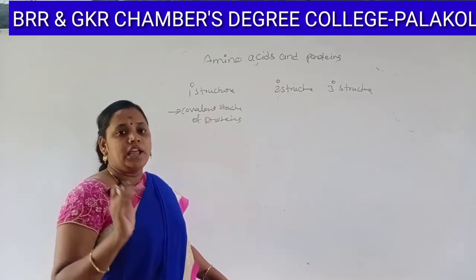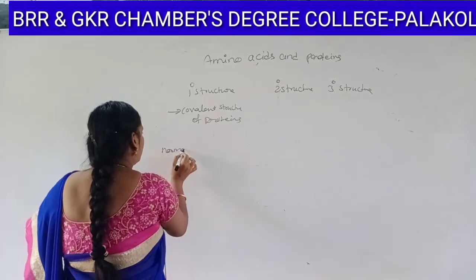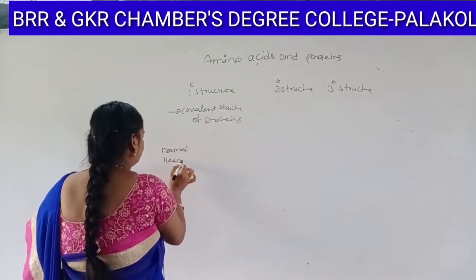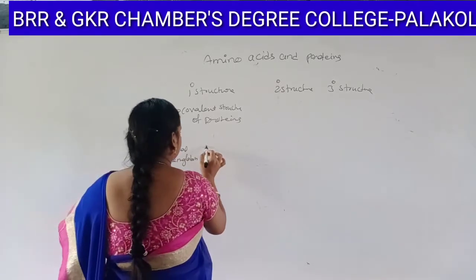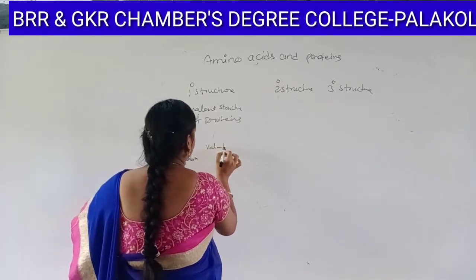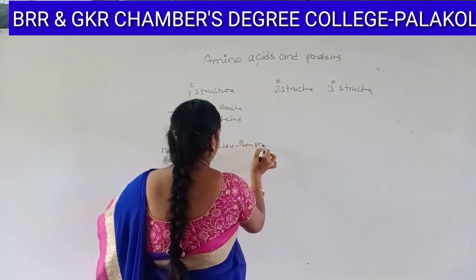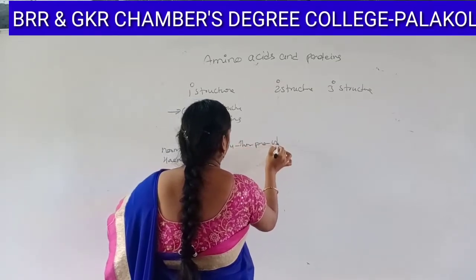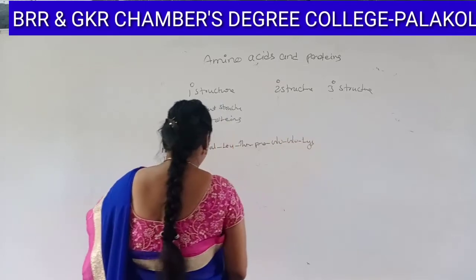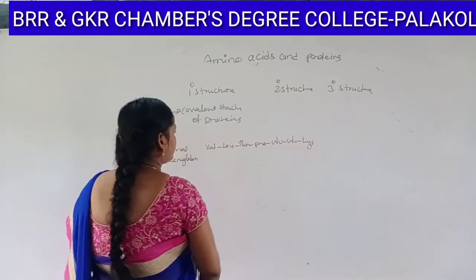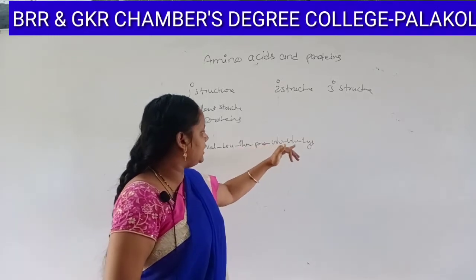For example, if you consider normal hemoglobin, it contains the following combinations of amino acids: valine, leucine, threonine, pro, GLU, LYS.